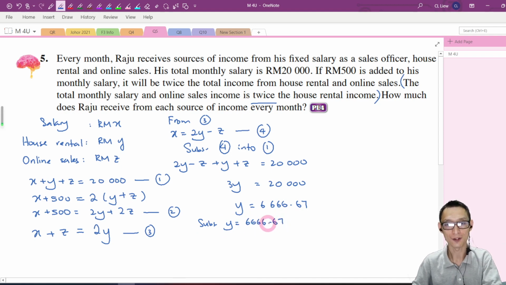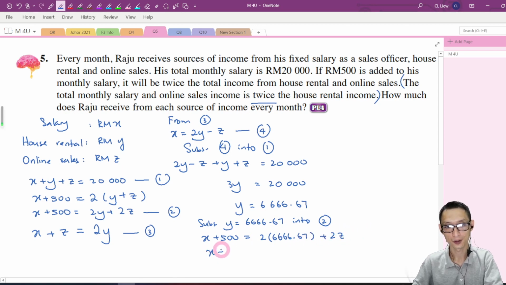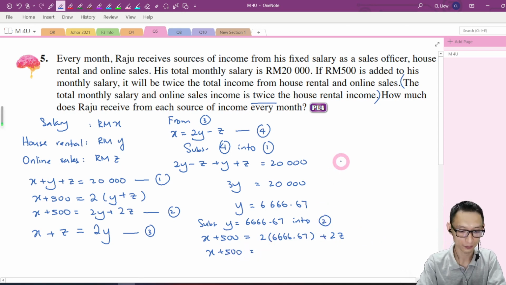Be careful, we have a lot of 6 here. Into the second equation, x plus 500 is equal to 2y plus 2z. This part you just press your calculator.